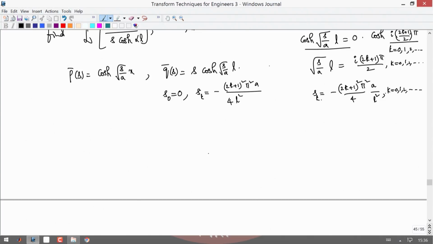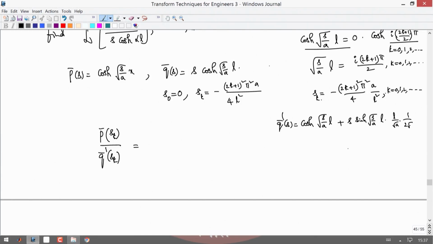Now, as though the theorem is valid, you calculate p bar at sk divided by q bar dash at sk. What is q bar dash? q bar dash of s is cos hyperbolic root s by a l plus s times sin hyperbolic root s by a into l, times l by root a, times 1 by 2 root s.